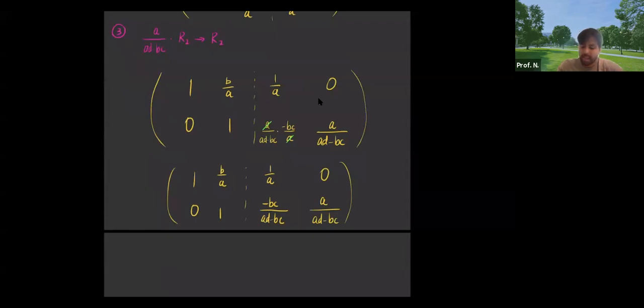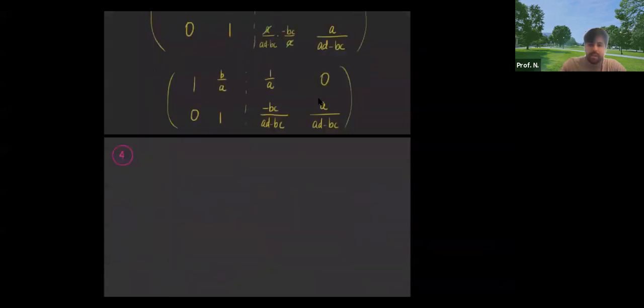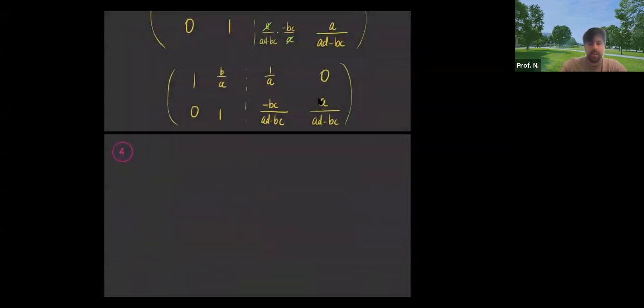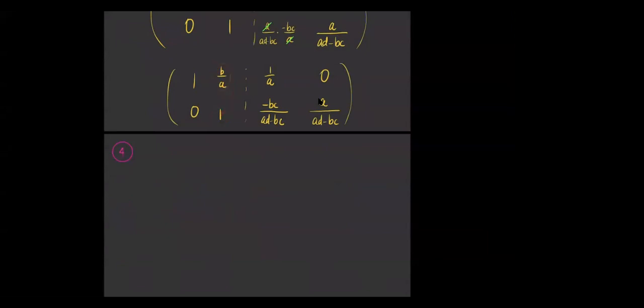Now, I need one more step because I need this entry above this 1 to be a 0. So how do I make this into a 0? It's only one more step. So what do I multiply to this 1, so when I add it to this guy, I get 0? You could do -1.